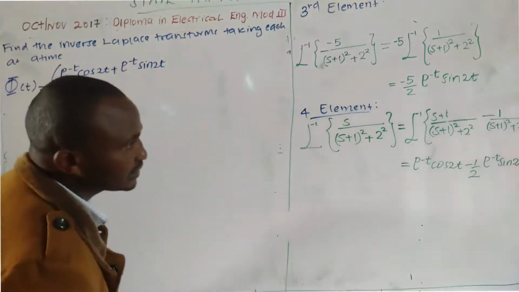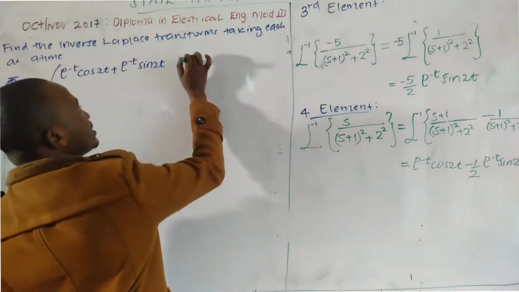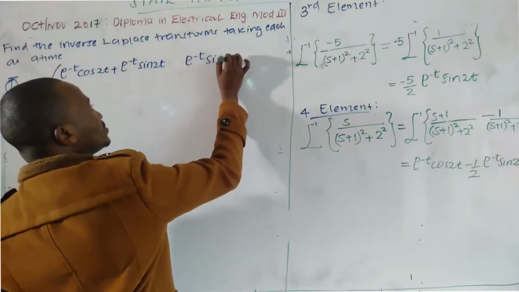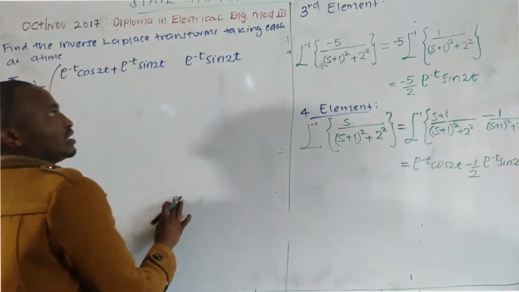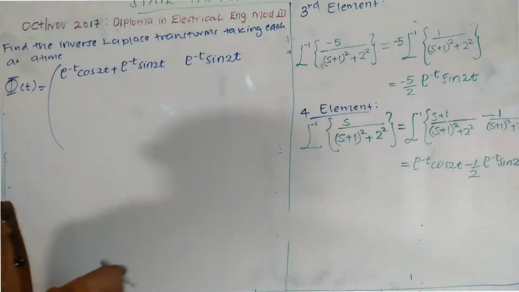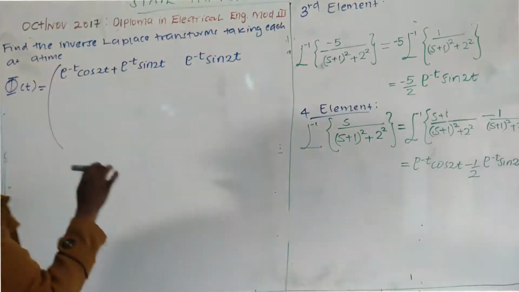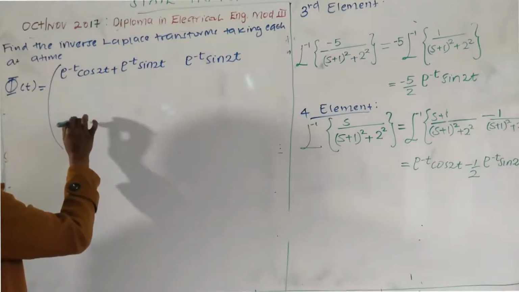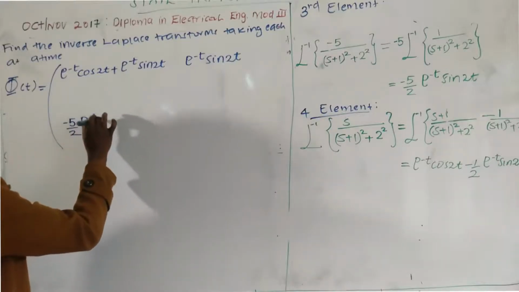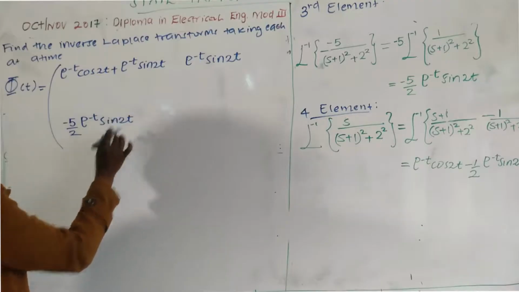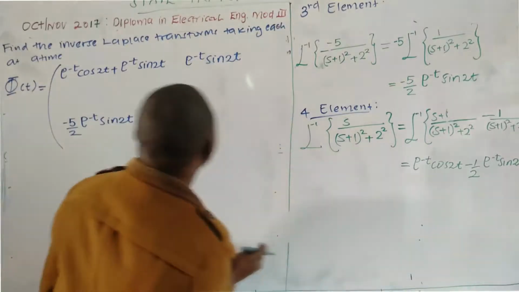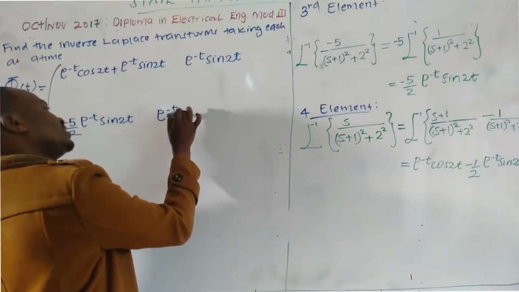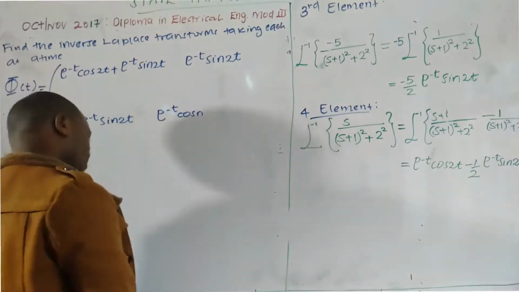The second element, I think, was exponential negative t sine of 2t. The third one is negative 5 over 2 exponential negative t sine of 2t. The fourth one is exponential negative t cosine of 2t.